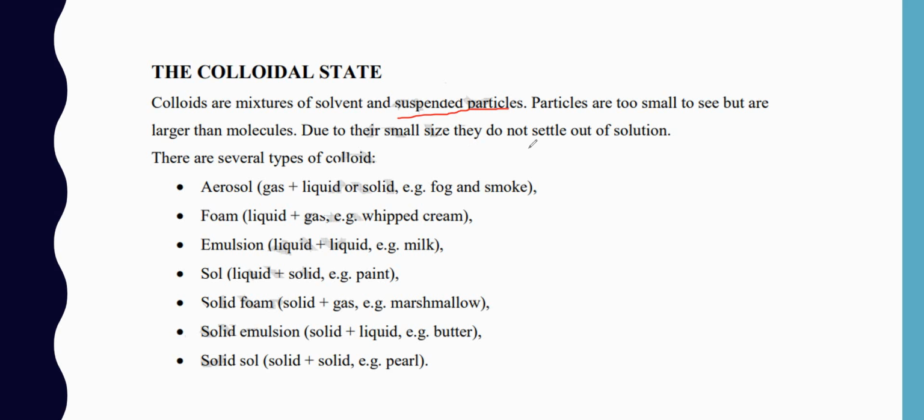Due to their small size, they do not settle out of solution. There are several types of colloids like aerosol, foam, emulsion, solution, solid foam, solid emulsion, and solid solution, and their examples are given here. Why are we studying the colloidal state? Because in gravimetry, before formation of a precipitate, the solution gets into the colloidal state. So these are different kinds of colloidal states.